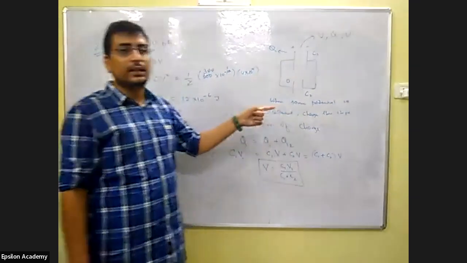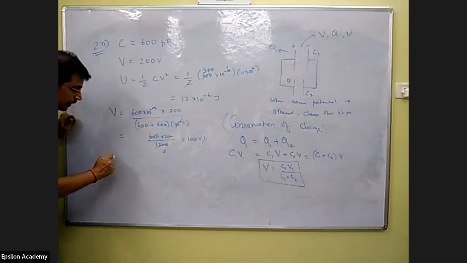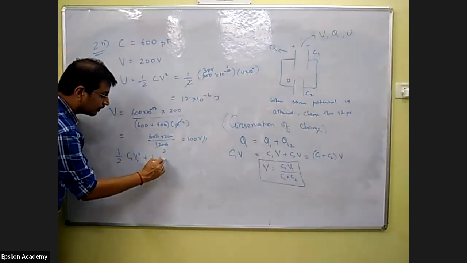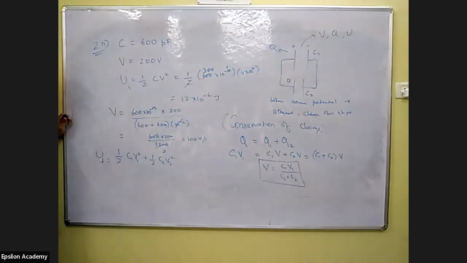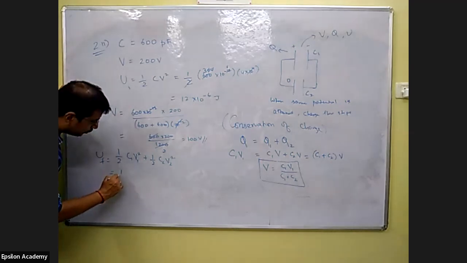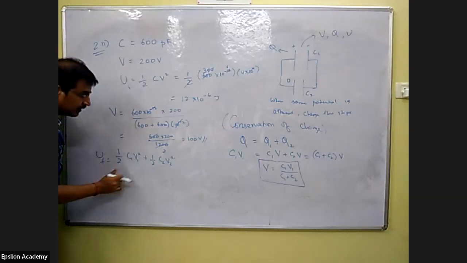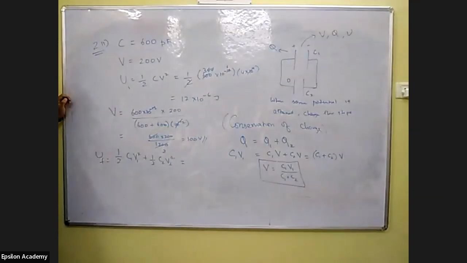Can you calculate the final energy of each capacitor? How much will it be? Half into C1 V1 square plus half into C2 V2 square. This I call the initial energy. Now what is the final value? Wait, I made a mistake.